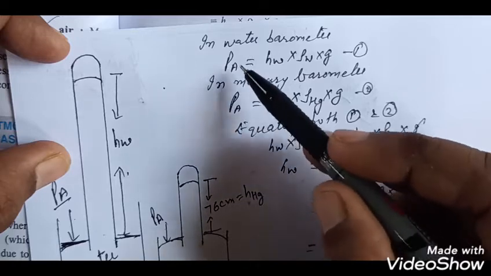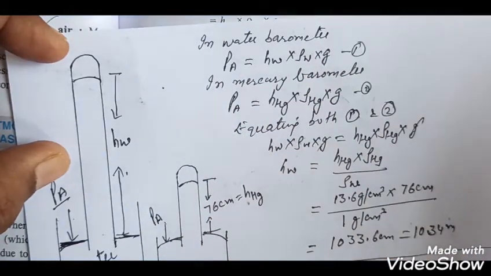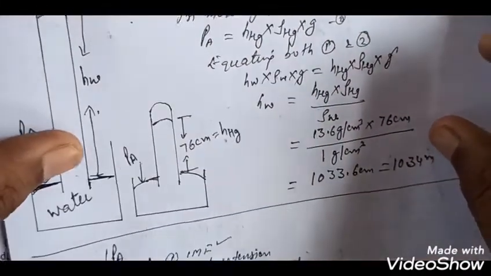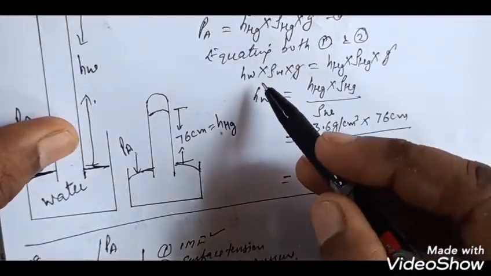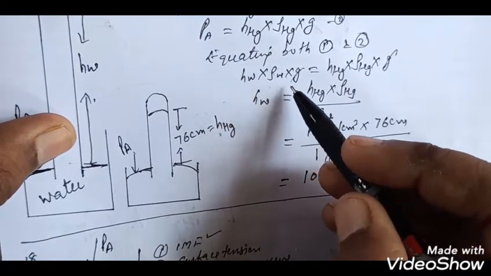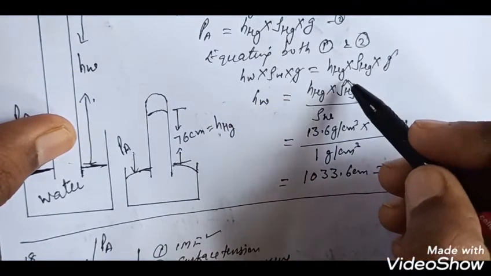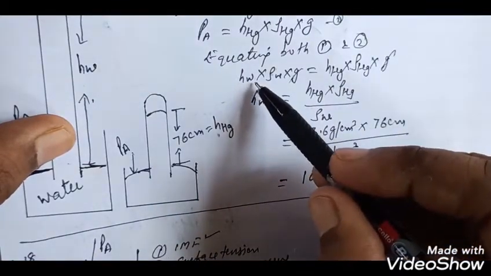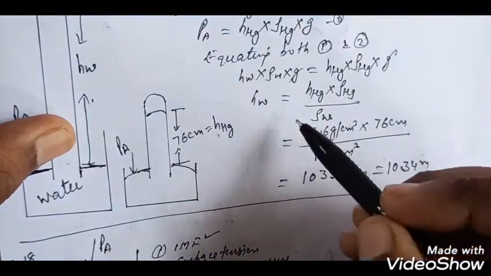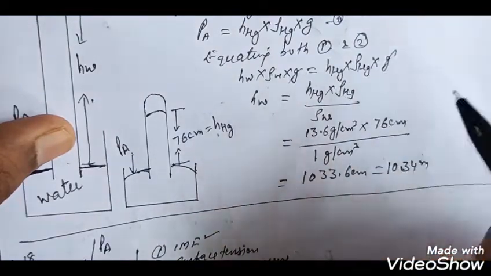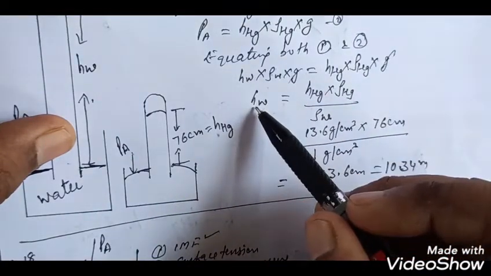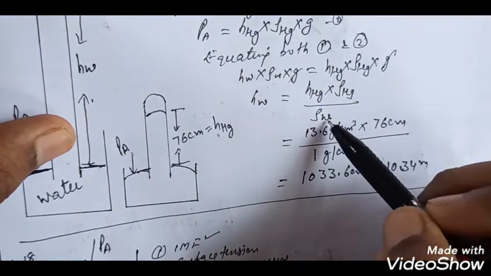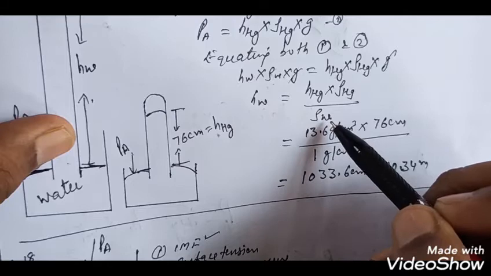Because atmospheric pressure outside is the same, we can equate equation 1 and 2, means the right sides. HW into rho W into g is equal to H mercury into rho mercury into g. W for water, Hg for mercury, you know that. Now g is common, we cancel it and we get HW equal to H mercury into rho mercury divided by rho water, the density of water.